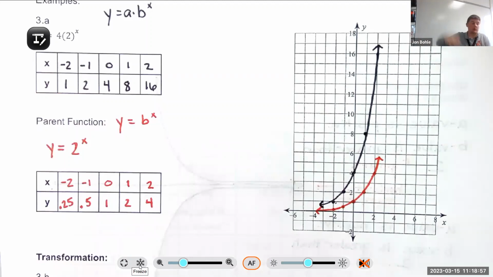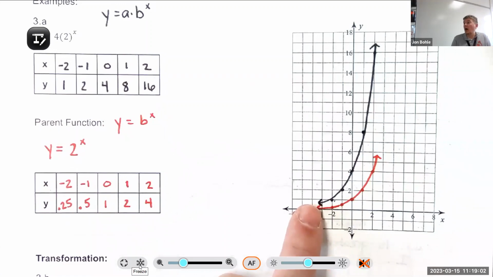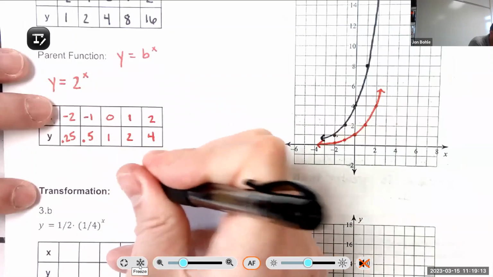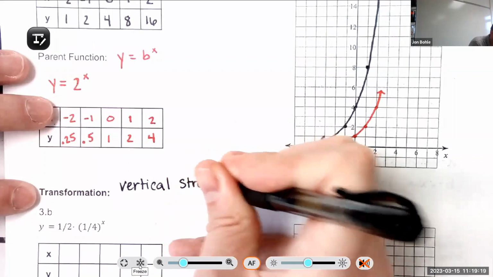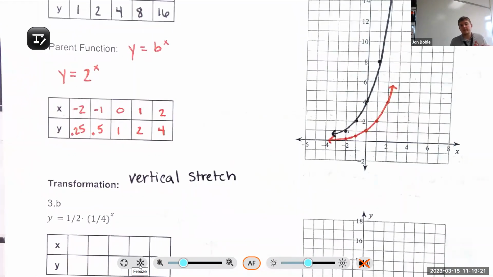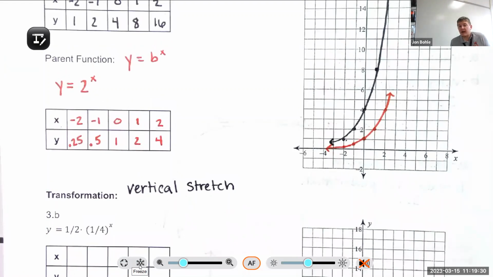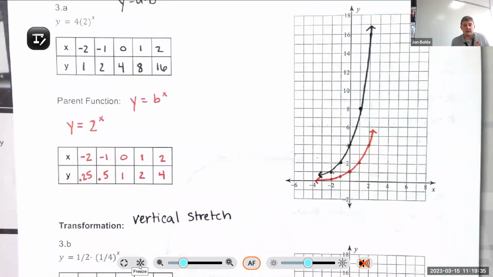Wider, taller. Taller. So vertically, it's changing. Okay. So if I'm going to put a formal name with it, if it's vertically getting taller, this is what I would call a vertical stretch. So from the red graph to the black graph, that 4 as an A value stretches the graph vertically.